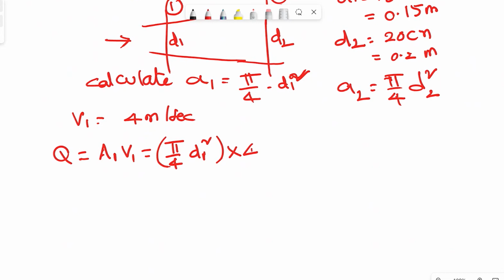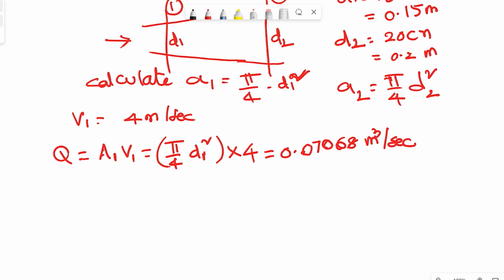Then calculate Q. Q will be, if you do it, 0.07068 meter cube per second.